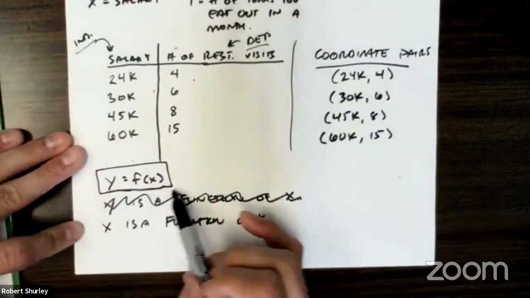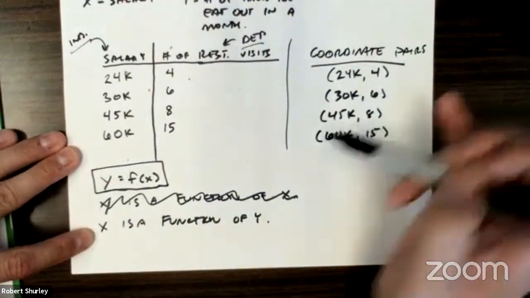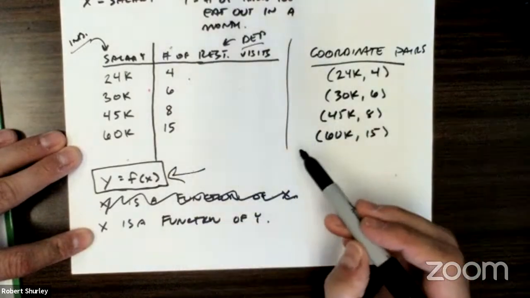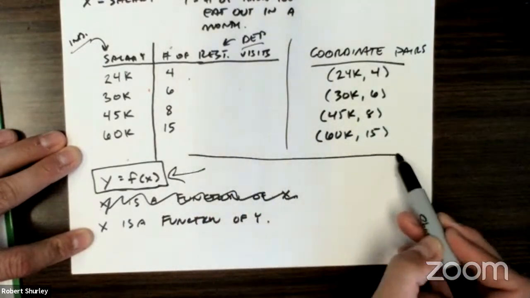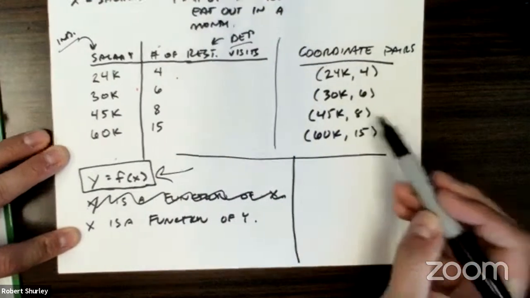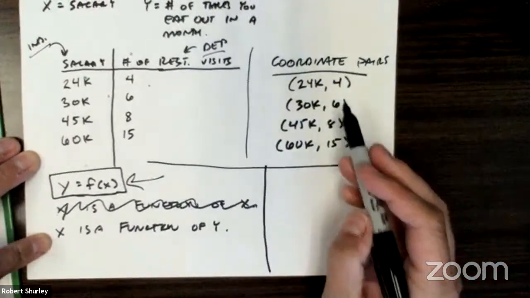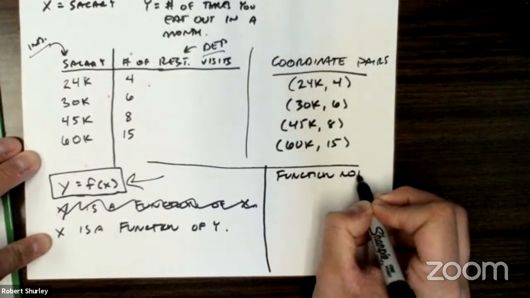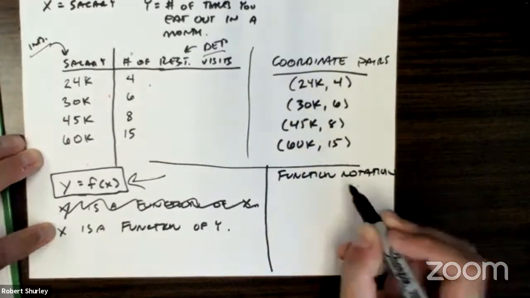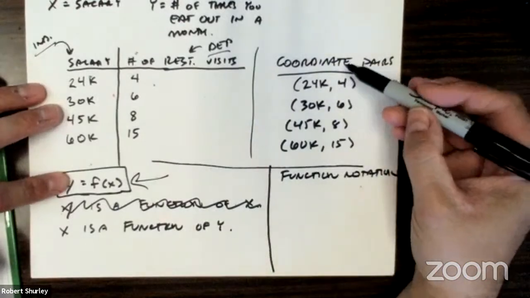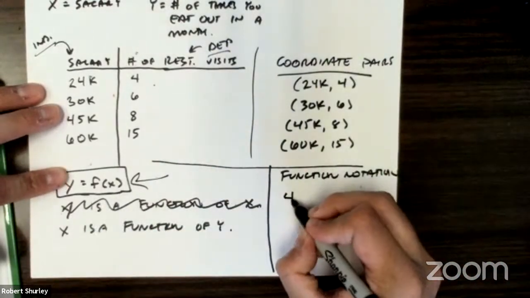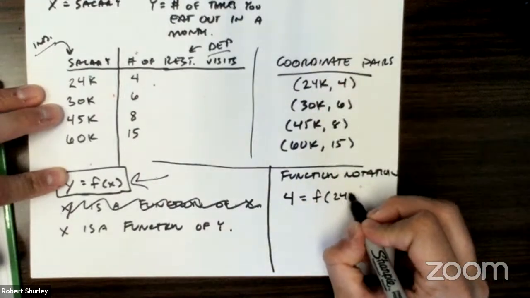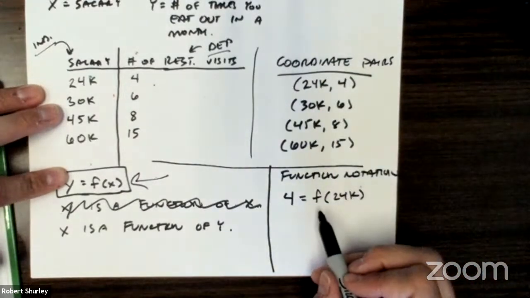Now, if I was going to use this notation, I could write all of these in function notation. I'm going to write these in order. So 24K and 4, well, the y actually goes first. 4 is a function of 24K, right?